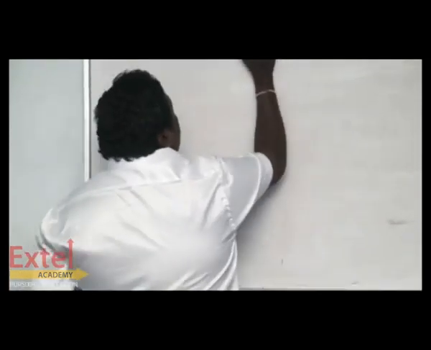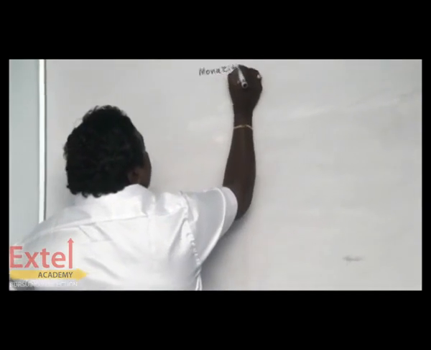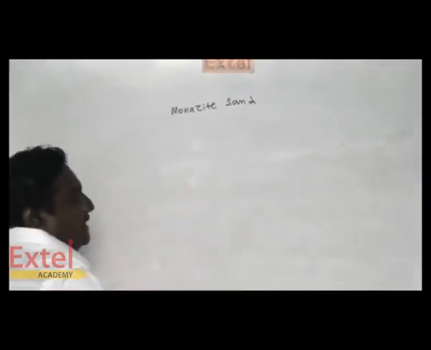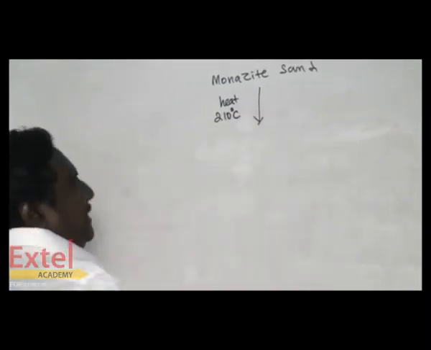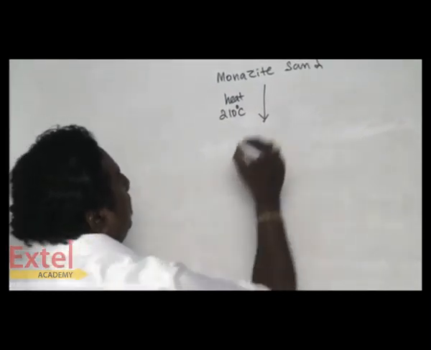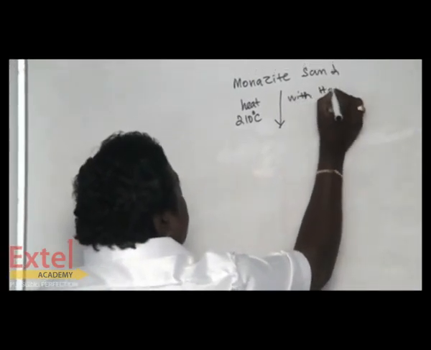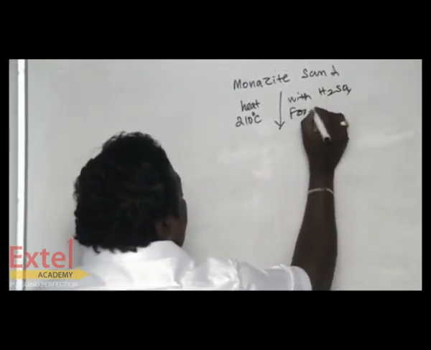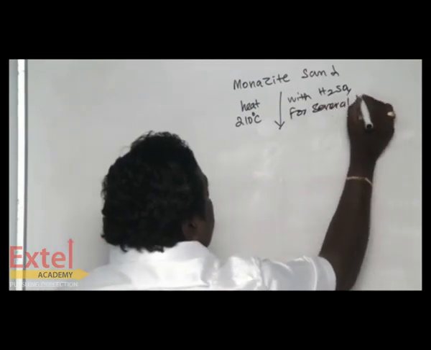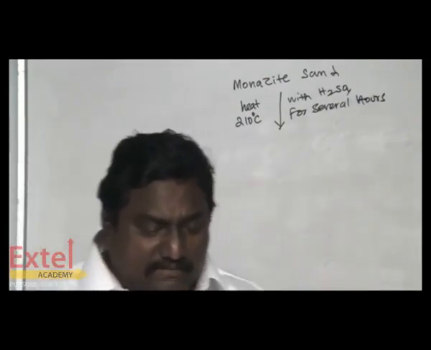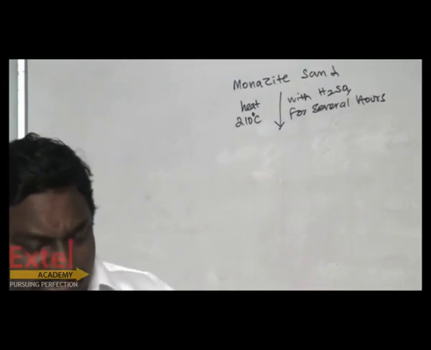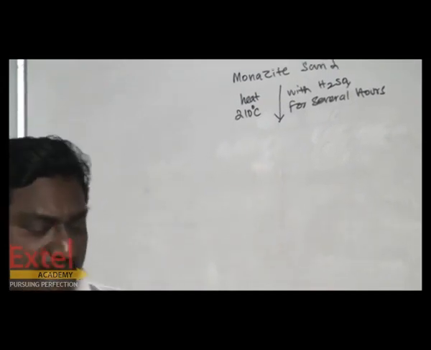The monazite sand is initially heated at 210 degrees with sulfuric acid for several hours. So what's happening? The powdered monazite sand is heated with concentrated sulfuric acid for several hours at 210 degrees C.